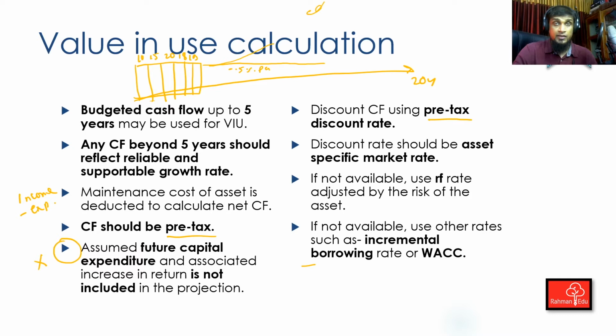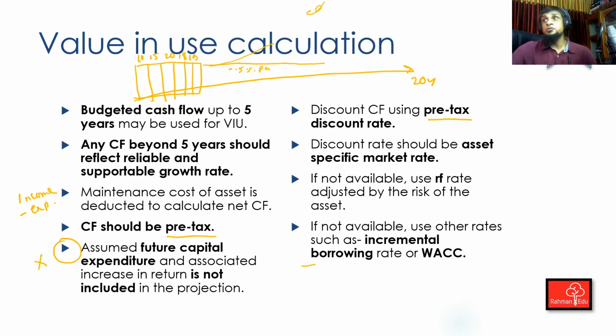Let's take that into consideration. No. Currently you have 2 floors. Your whole value in use calculation should be based on 2 floors for the next 20 years, though you are going to have 5 floors after just 2 years' time. No. Future improvement and future capital expenditures are outside of your consideration when you are calculating value in use. Be careful, yeah, very careful.